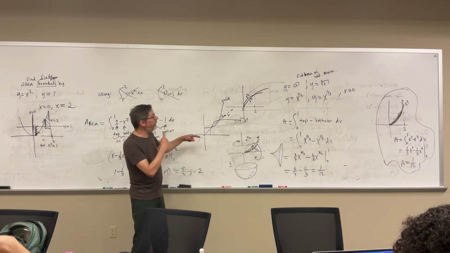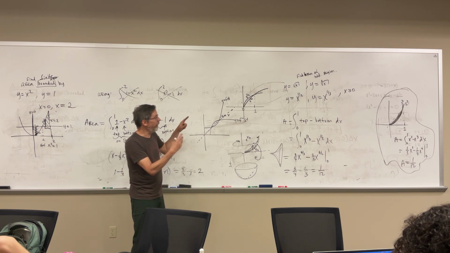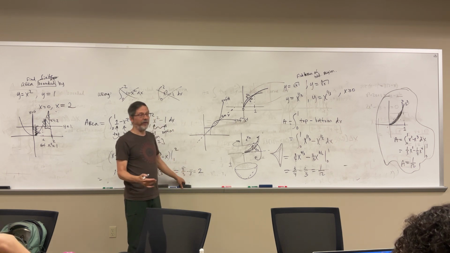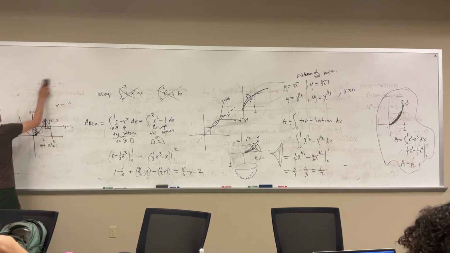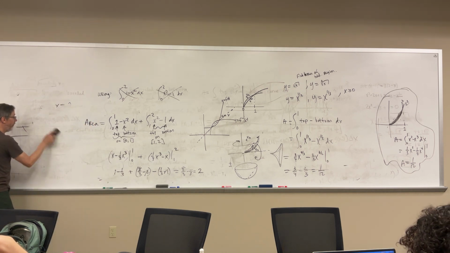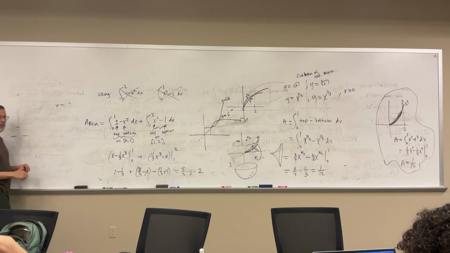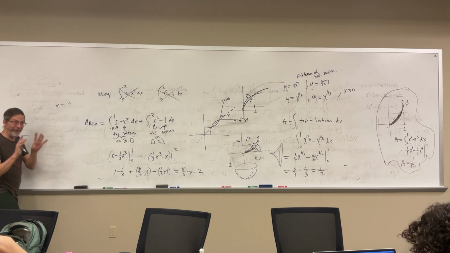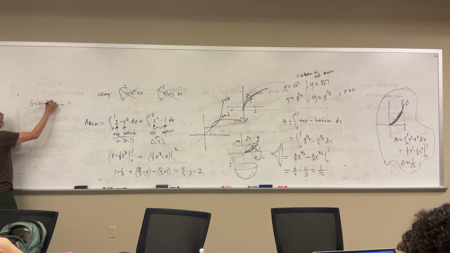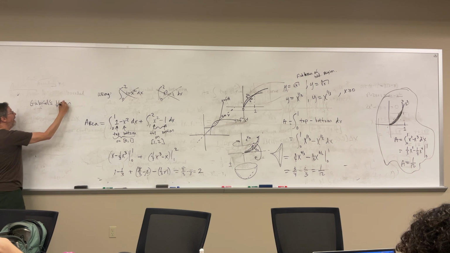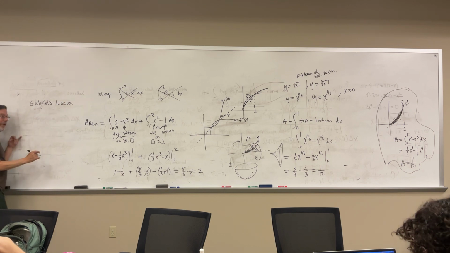Then we're going to spin them around other lines and all sorts of stuff like that. We're going to create crazy shapes. Then we're going to learn how to do integrals over infinitely large intervals. One of the cool parts of this class is you get to see this thing called Gabriel's horn. I'm going to prove to you something.